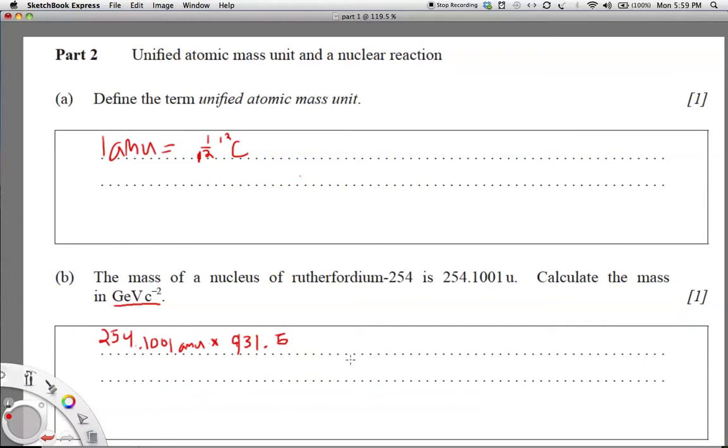So we're going to have to convert it to giga electron volts because we have mega electron volts here. When I calculate this out, you might want to stop it and do the calculation on your own. You get 236.601 mega electron volts.